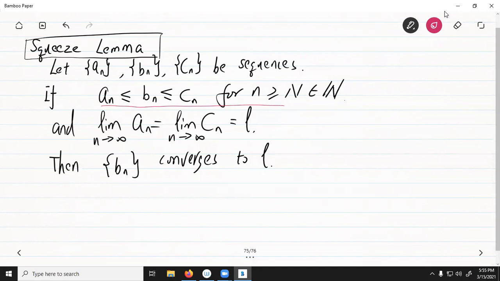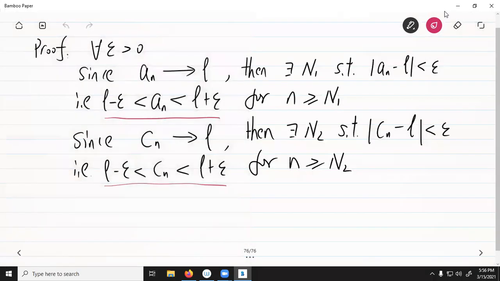But for each inequality, the index n should be greater than its capital N. So this n should be greater than or equal to N1, and this n should be greater than or equal to N2. What should we do to make these three inequalities true at the same time? Any idea? We used this technique already.